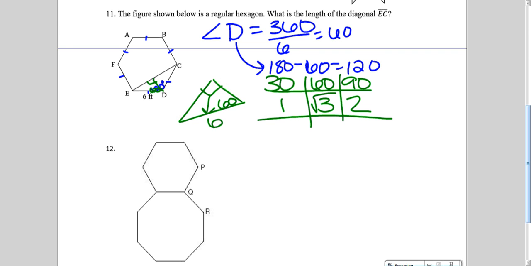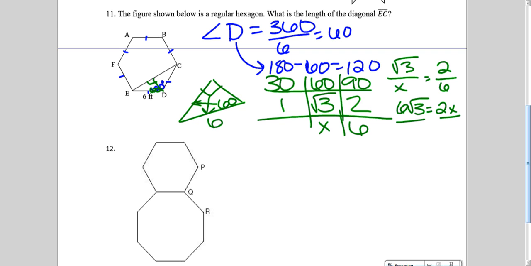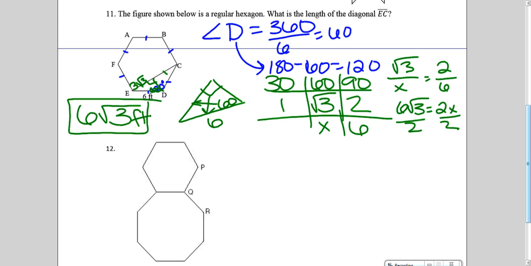I know my 90 degrees is a 6. I want the side opposite my 60 degrees. So I have the square root of 3 over x equals 2 over 6. Cross multiply. So I get that this little piece here is 3 root 3. But look, I have 2 of them. So my final answer would be 6 root 3 feet.